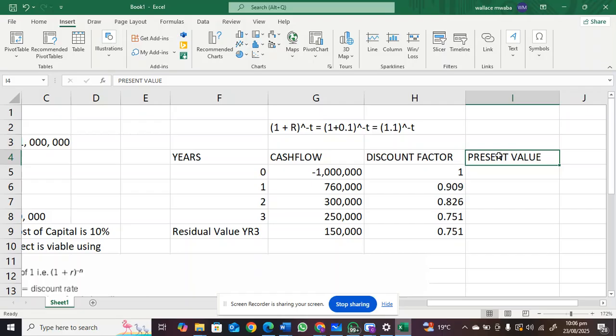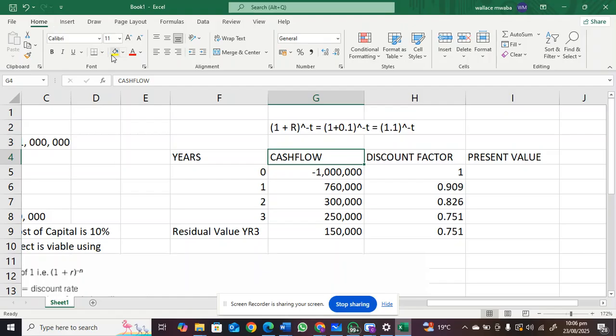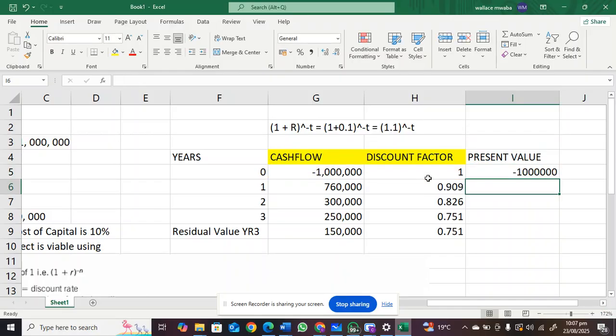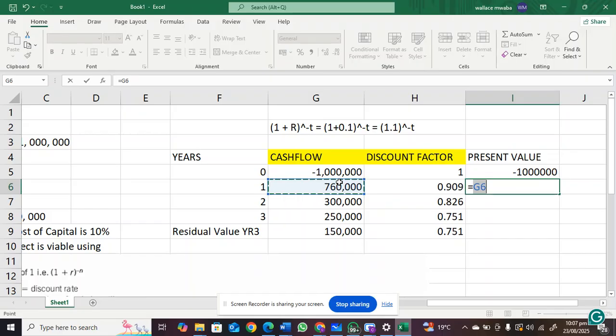So remember, your present value is just the cash flow multiplied by the discount factor. That's how you get your present value. So you're going to say negative 1 million multiplied by 1. That's negative 1 million. 760,000 multiplied by 0.909.